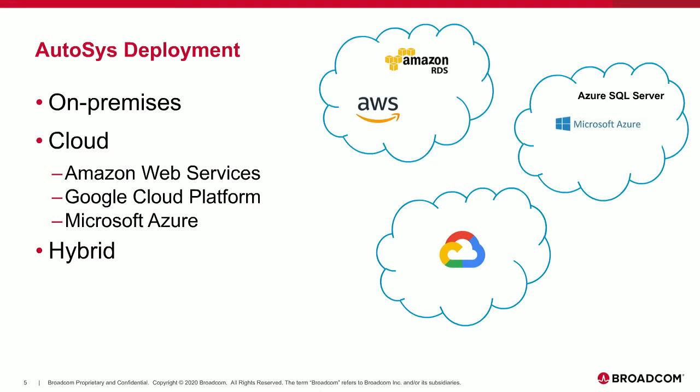Amazon has its Relational Database Service, and Azure has Azure SQL Server. With GCP, we still have to run in a bring-your-own-license type of environment, where you would install your database, and then AutoSys could leverage it there.